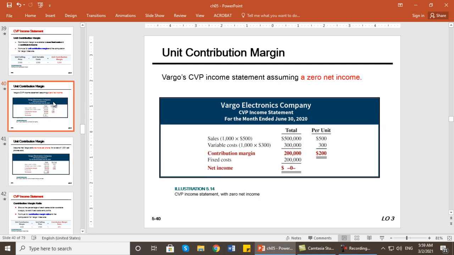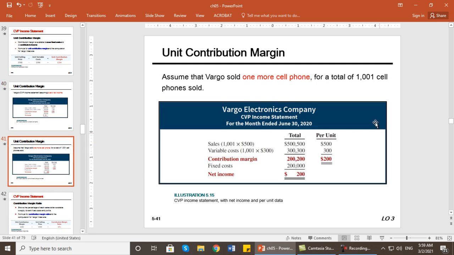As you see, the break-even point is when we sell 1,000 units, but now we assume we will sell another unit, 1,001 units, and make the cost value profit income statement.